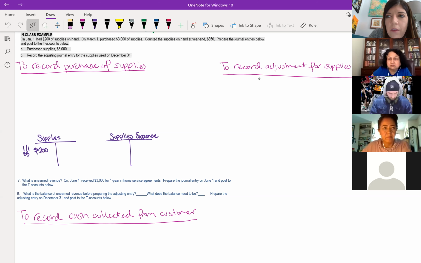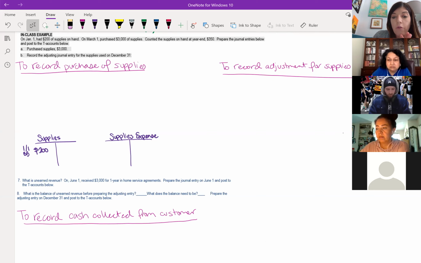And basically for this one, there's a slight difference in these problems. These problems are looking at a year, not a month. So January 1st is the beginning of their year. December 31st is the end of their year.